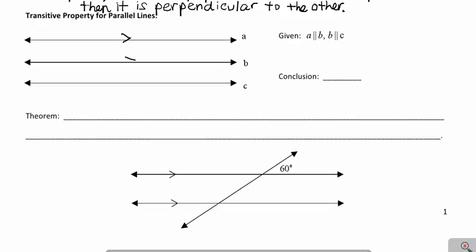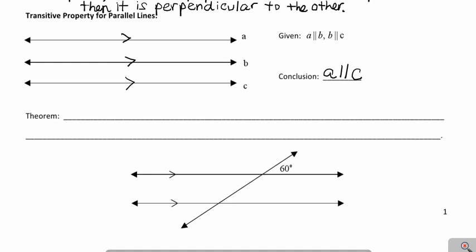So if you look at this example, we're given that line A is parallel to B, and we know that line B is parallel to line C. So what conclusion can we make? We could make the conclusion that line A must be parallel to line C by the transitive property for parallel lines. So that's when you would use this theorem.